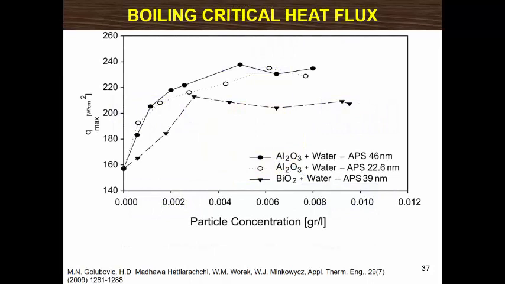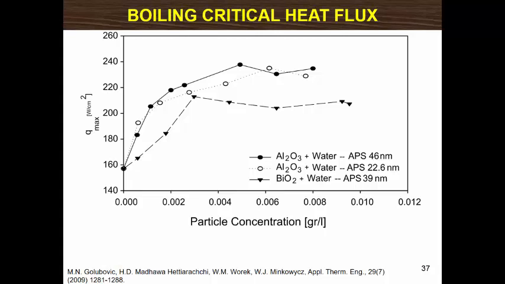This figure, a plot of critical heat flux against the nanoparticle concentration, shows that with the increase of nanoparticle concentration, the critical heat flux increases up to a point, then remains constant. The increase of critical heat flux is more for alumina nanoparticles, which indicates that the nanoparticle material affects the boiling of nanofluids.